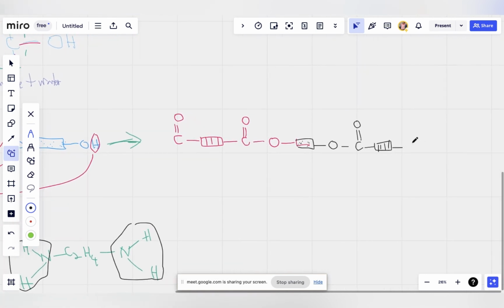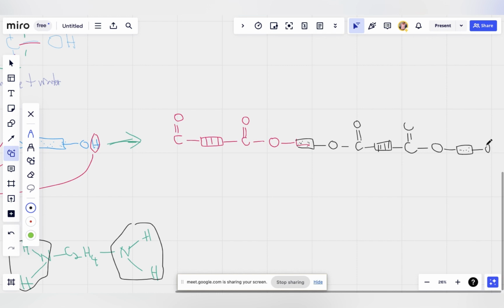Comes out again to C. Comes to O. Comes to the next linkage, which is dione. And comes out to O.